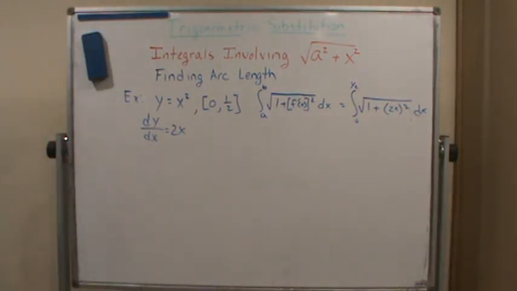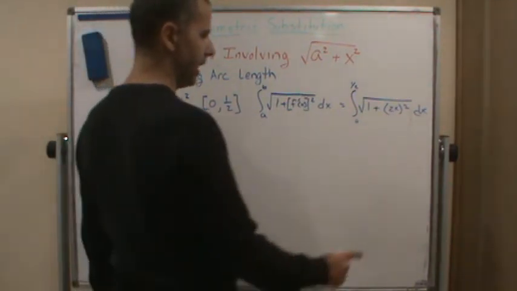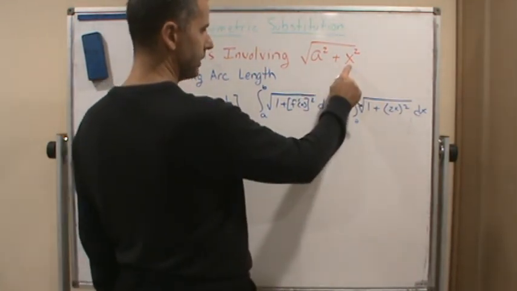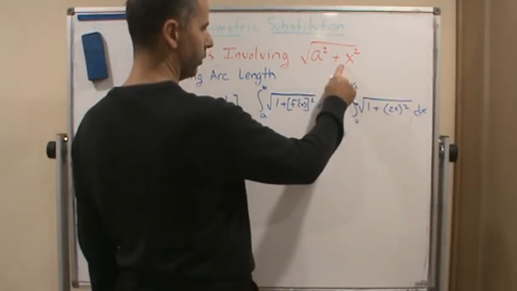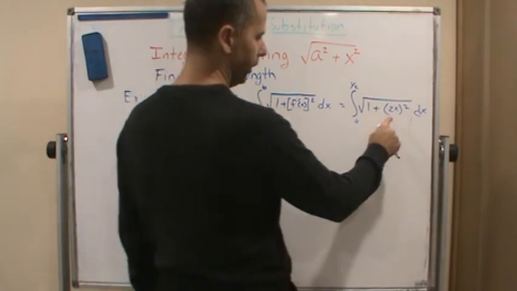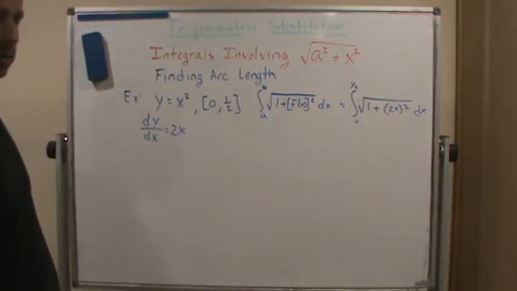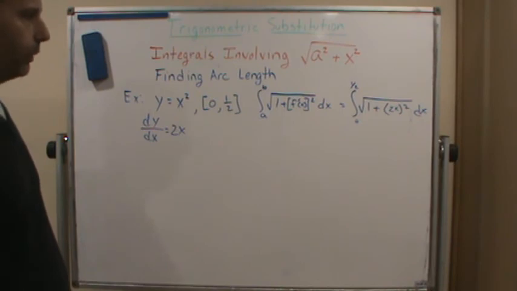Okay? Now, the issue is we've got 2x in here. Here it's x squared, our coefficient is 1. Here we have 2. So, how do we handle that?